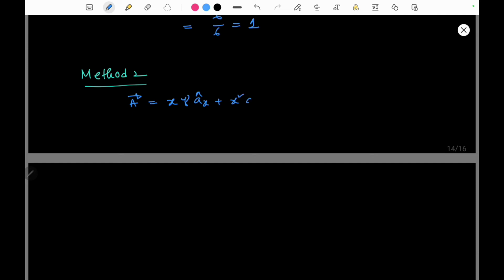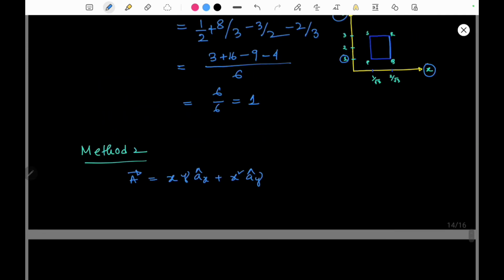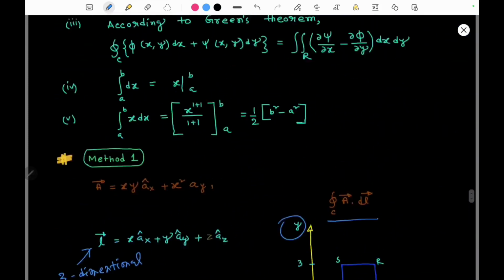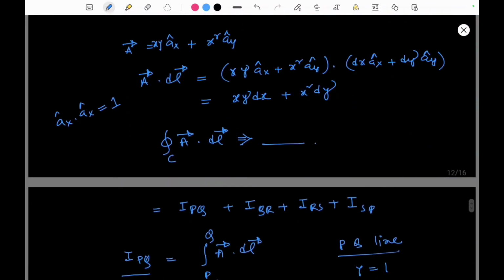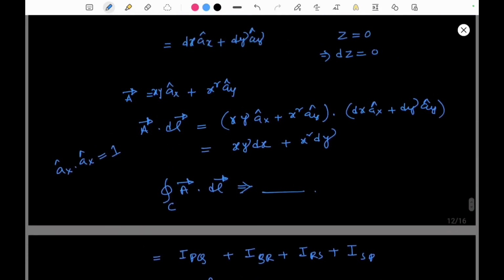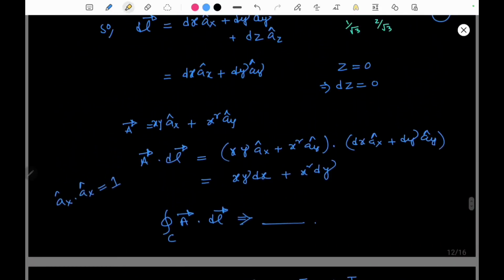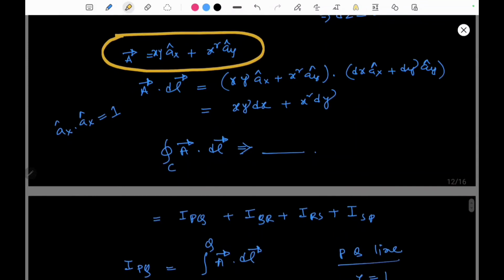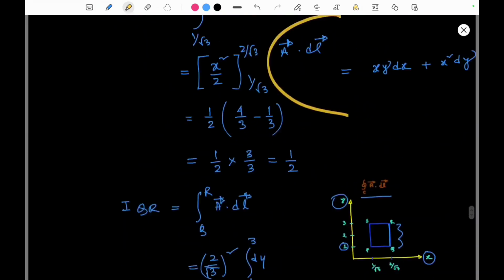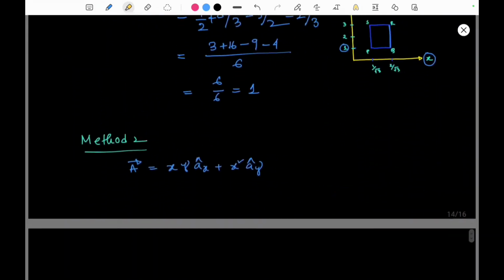If you don't remember, I am showing you. Here we calculated the A vector equal to xy ax cap plus x squared ay cap. That only we have written here.